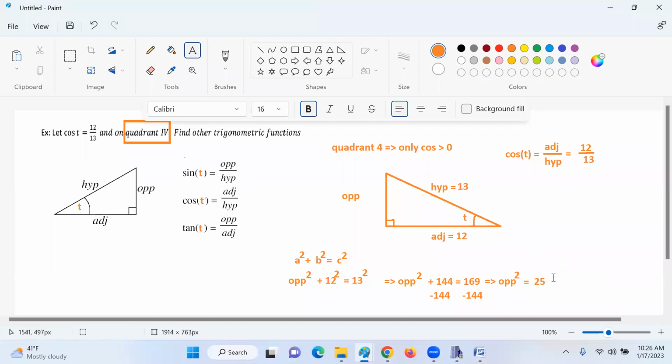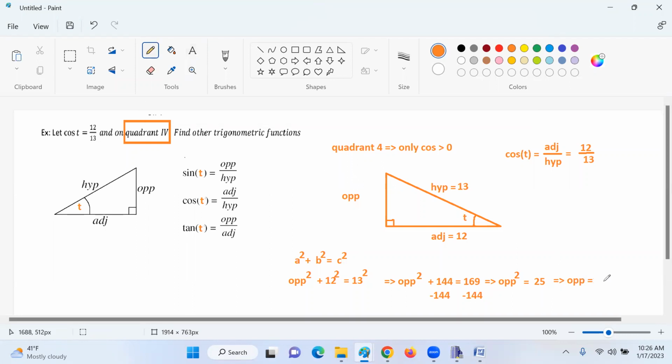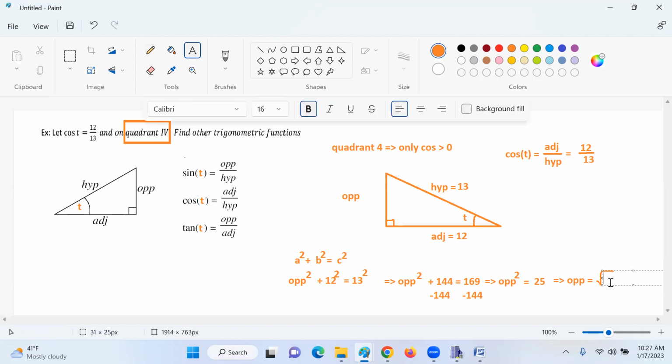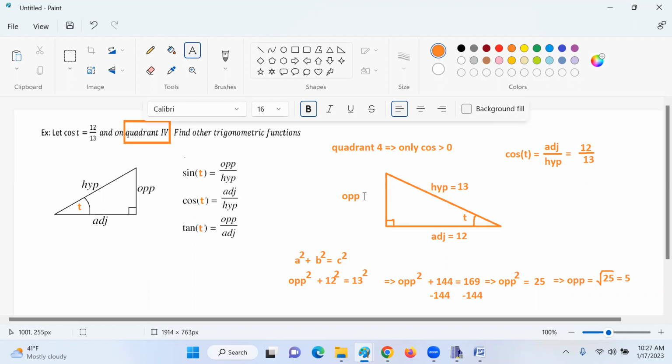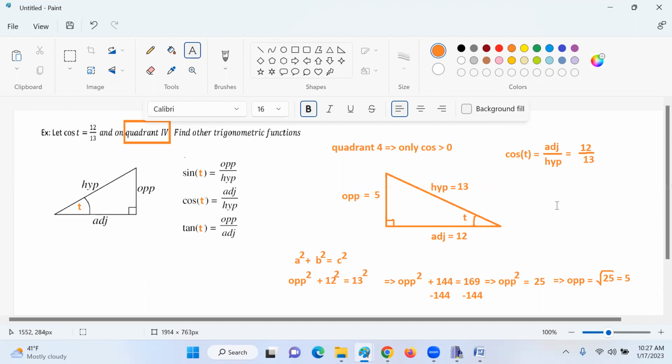Then we take the square root: the opposite is going to be the square root of 25, so this one will be equal to 5. Are we good with this? Yes. Okay.